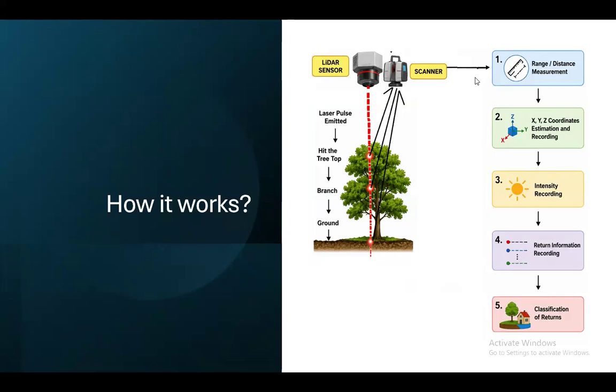It utilizes the distance and where it is coming back from. It calculates the distance, and there are some algorithms for classification it utilizes, and then it classifies the points. So it does not work like multispectral. For multispectral, signature is important, but here, where it is coming from is important.